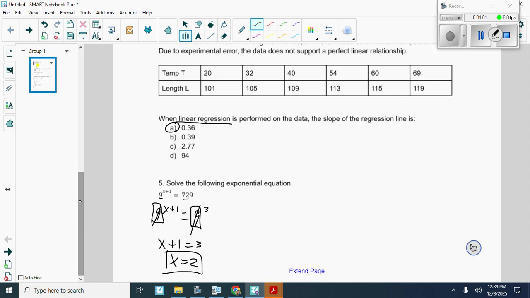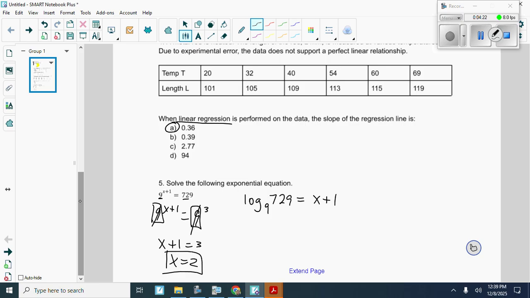If you wanted to, you could have also done it this way: the base becomes the base of the log. So you could have gone log base 9 of 729 is equal to x plus 1.